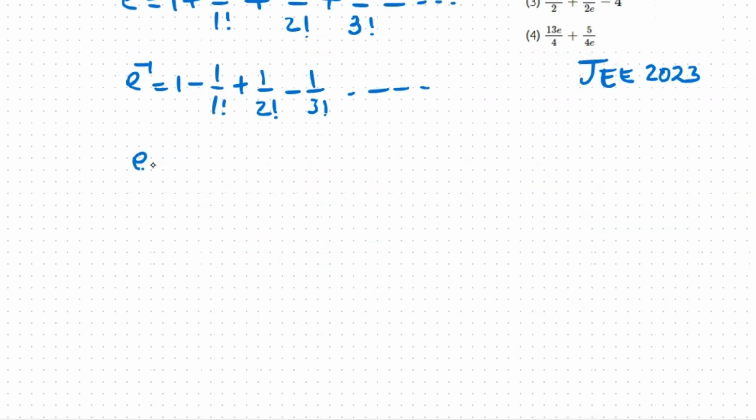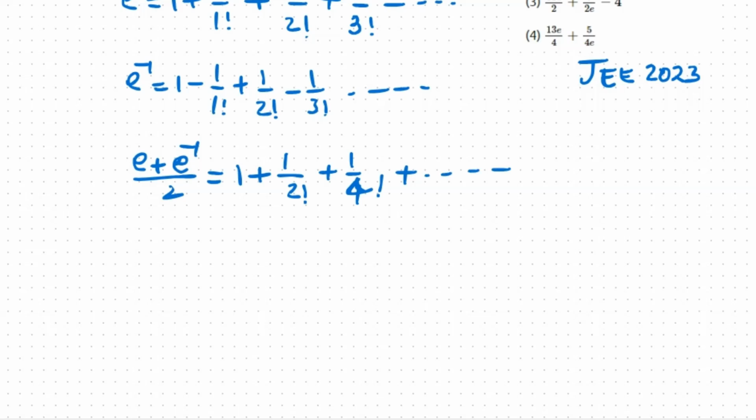You can write e plus e inverse by 2 as the sum of all even terms, and e minus e inverse by 2 as the sum of all odd terms.